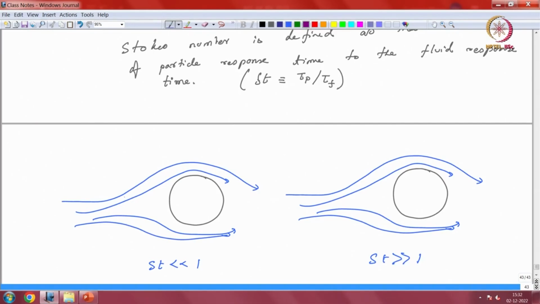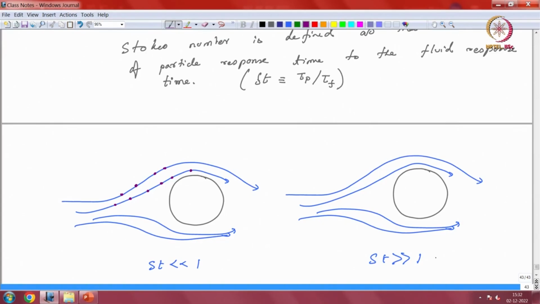So let's say there are these particles in the flow. Now Stokes number much less than unity means that the particle response time is much smaller than the fluid response time. So the particle actually responds very fast. As the flow changes, the flow has some response time, but the particle changes its own direction faster than that. So when the Stokes number is much less than 1, the particle is able to follow these streamlines very nicely.